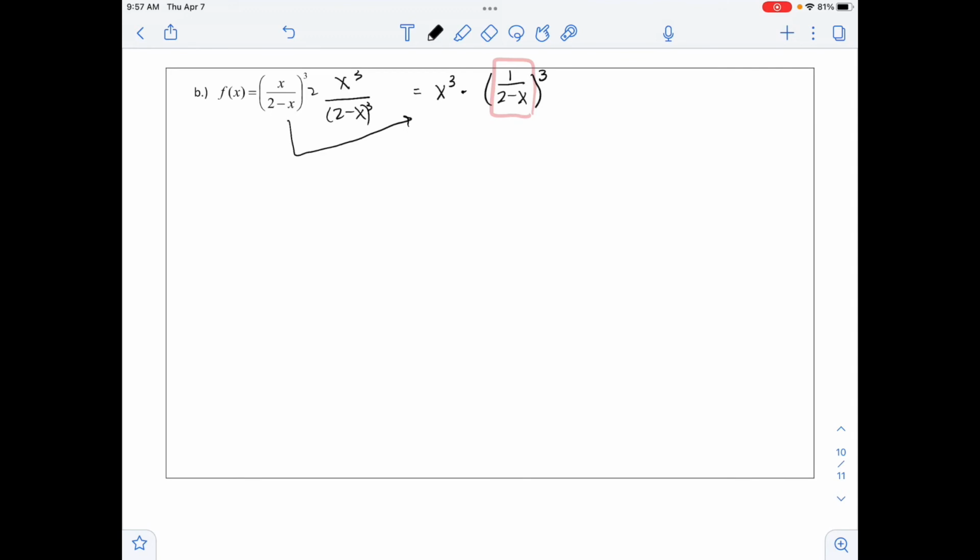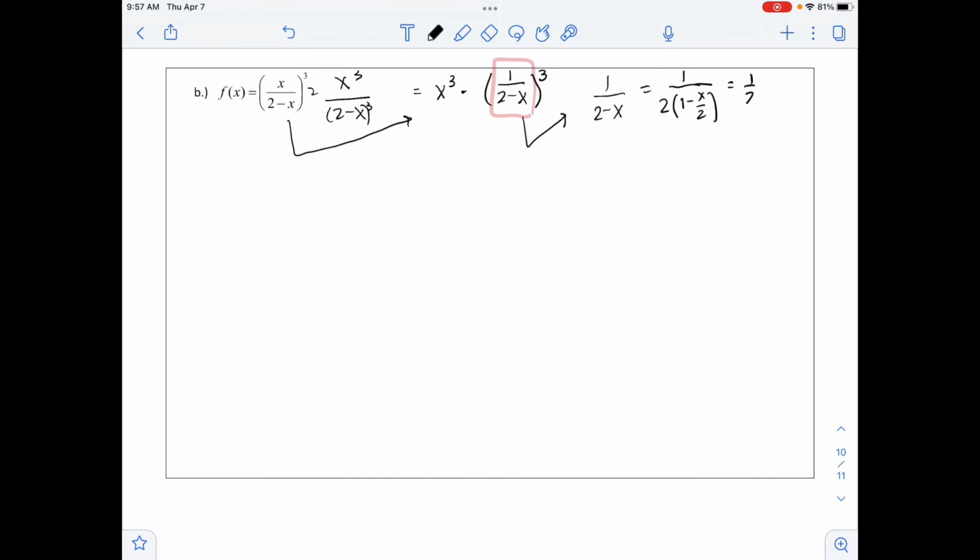And dealing with this, I would have 1 over 2 minus x, which is not yet written like a power series. I have a 2 in the denominator that needs to be a 1. So I can factor out a 2, and I'd have 1 minus x over 2. You can always check this by distributing that 2 back in to make sure that worked.